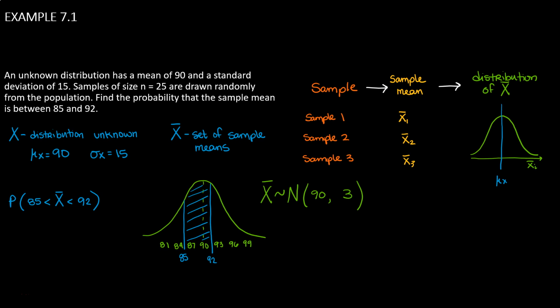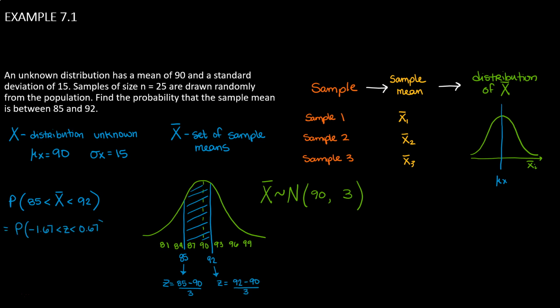So first, let's convert 85 and 92 into z-scores. So we'll take the sample mean, 85, convert it into a z-score using the relationship x minus the mean divided by the standard deviation. So 85 as a z-score and 92 as a z-score.